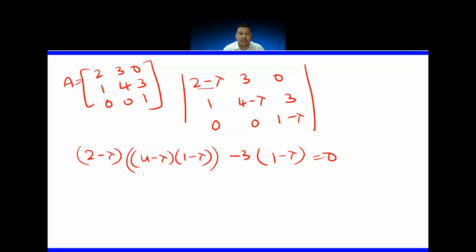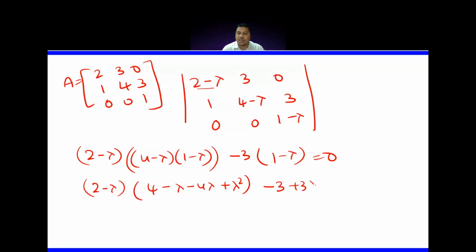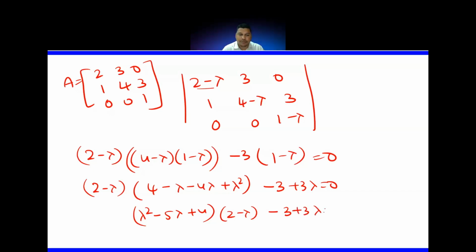If you multiply these things, 2 minus lambda, and here you get 4 minus 4 lambda plus lambda square, minus 3 plus 3 lambda equal to 0. Multiply again: lambda square minus 5 lambda plus 4 into 2 minus lambda, minus 3 plus 3 lambda equal to 0.